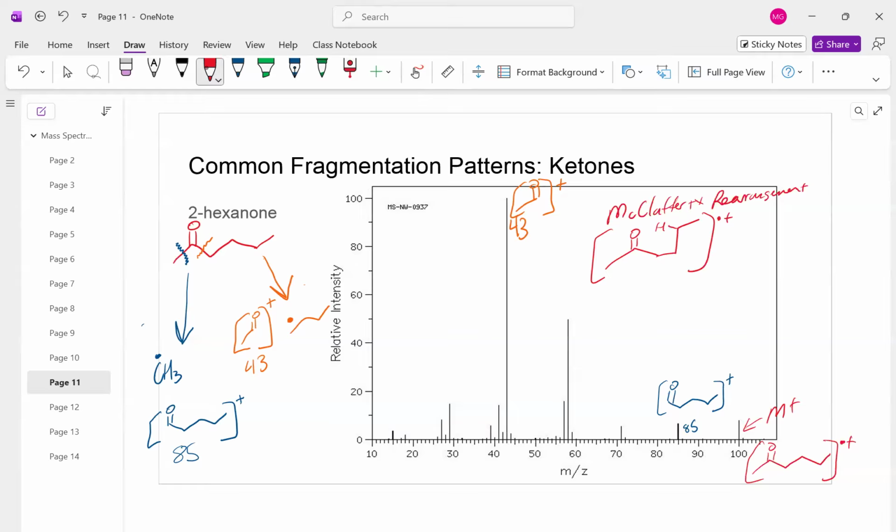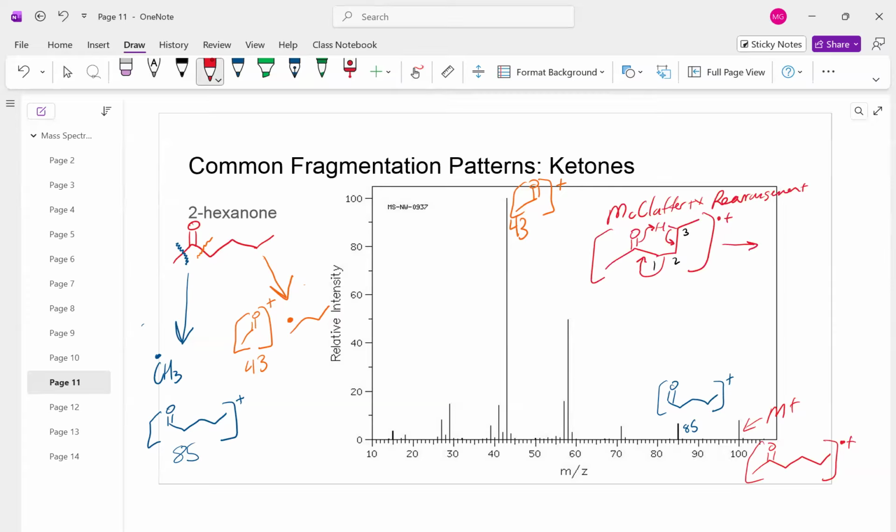And if there is a carbon 3 carbons away from the carbonyl, so 1, 2, 3, we're going to do this kind of McLafferty rearrangement. So follow this along with this mechanism. We use those pi electrons to pick up that hydrogen. This forms a double bond here, and this forms a double bond here.